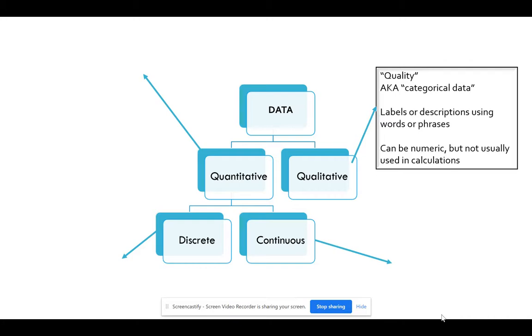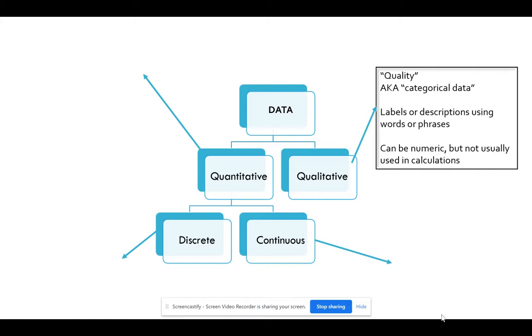Qualitative is the adjective form of the word quality, and it's sometimes called categorical data, but it's going to be labels or descriptions using words or phrases. So the idea of eye color, where you're getting blue, green, hazel, brown, or the political affiliation with Democrat, Republican, Independent.